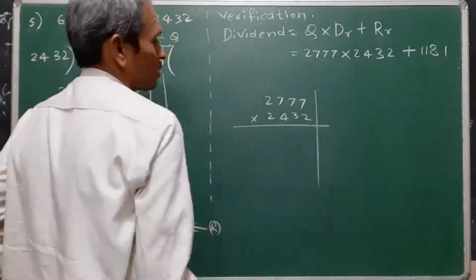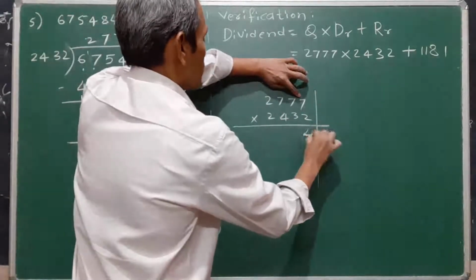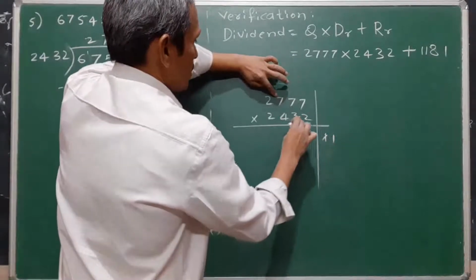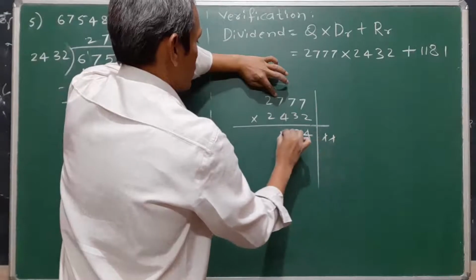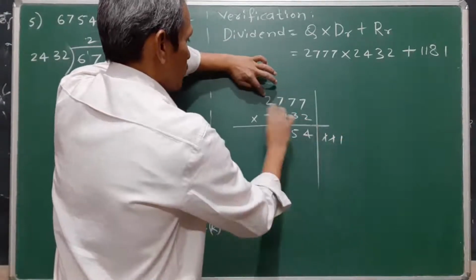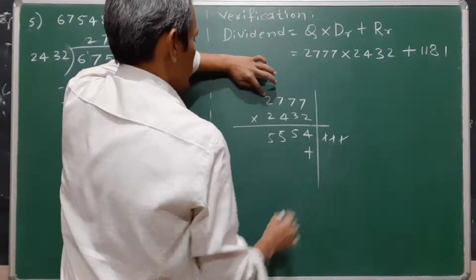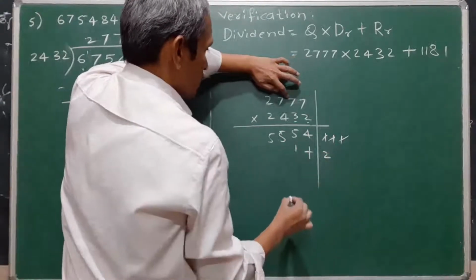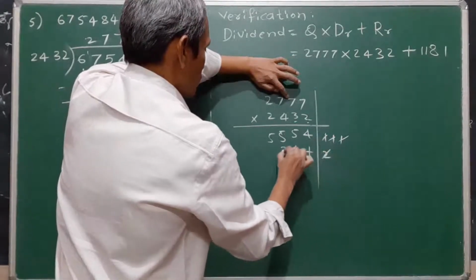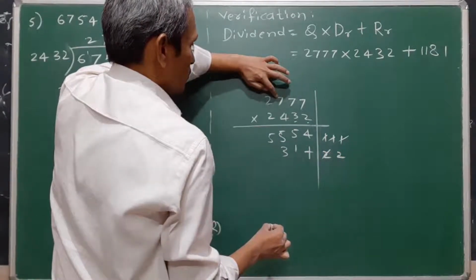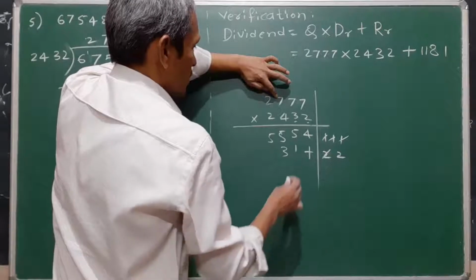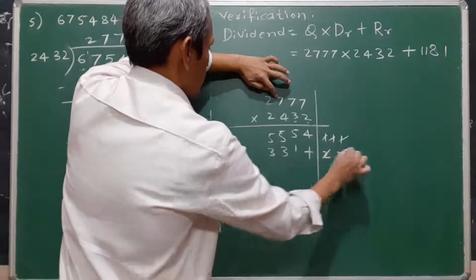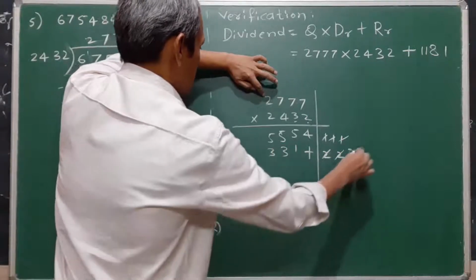Now we will start multiplying by 2. 2 7s are 14, 2 7s are 14 plus 1 15, 2 7s are 14 plus 1 15. Carry 1. 2 2s are 4 plus 1 5. Now by 3. 3 7s are 21, 3 7s are 21 plus 2 23, 3 2s are 6 plus 2 8.